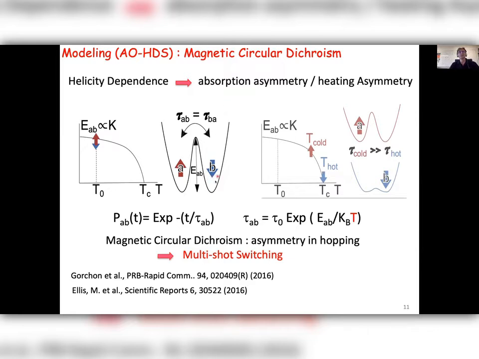So the temperature rise is also going to be different. And since the probability of going to one state or the other depends on the temperature, you will have an asymmetry in the hopping, and that can explain the full reversal. However, this means that you need multiple shots because you need multiple attempts for the system to finally go to one direction.